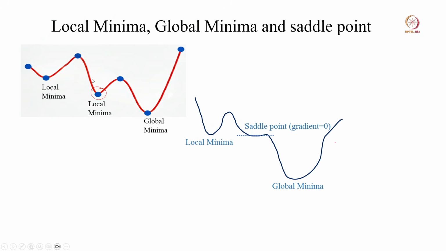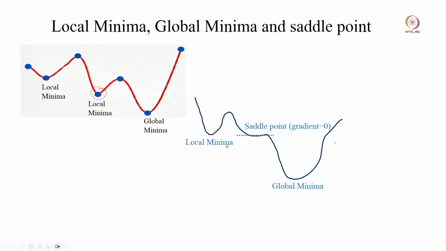So, at this local minima also the gradient will be 0, but this is not the global minima. That means there is more chance of the error getting reduced, but we are stuck here.